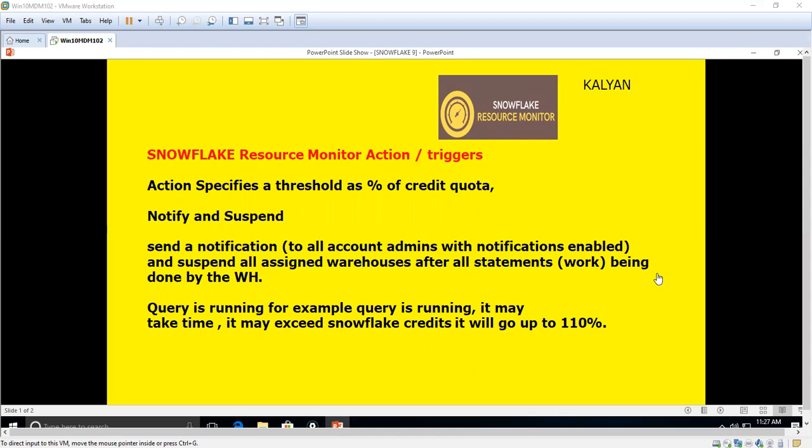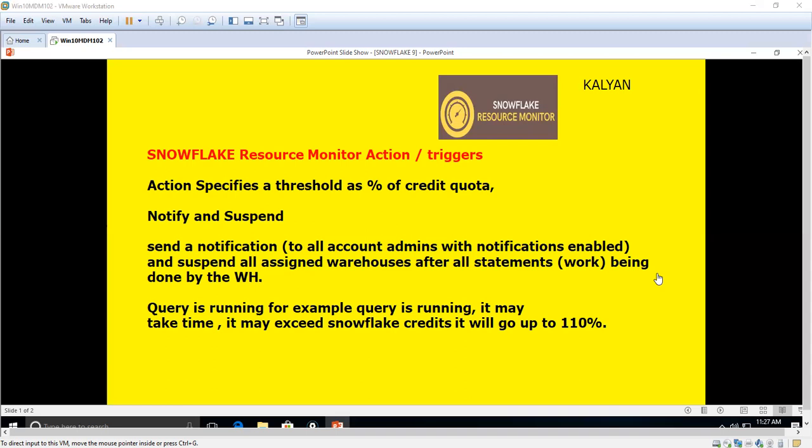The actions we can take are notify and suspend, suspend immediately, and only notify. I've already told that we will have a specific threshold as a percentage of the credit quota. For example, we have around 500 Snowflake credits. If we have exhausted around 400, then a notification has to be sent to the concerned users, that means the concerned account admins.